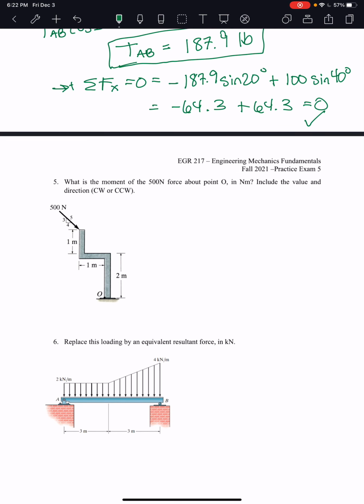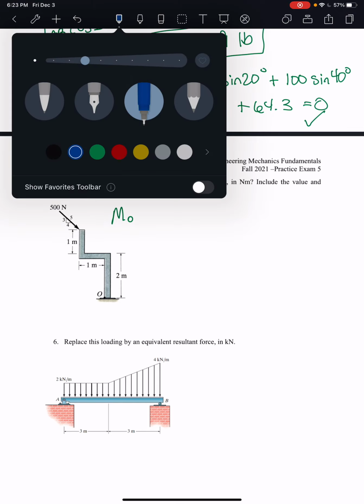For number 5, what is the moment of the 500 Newton force about point O in Newton meters? Include the value and direction. So the moment about O. We have two components of that force.